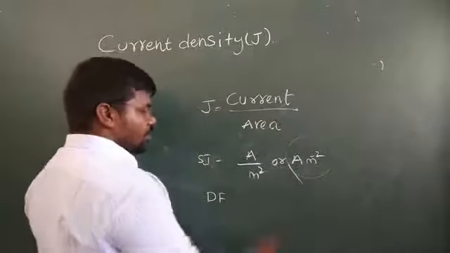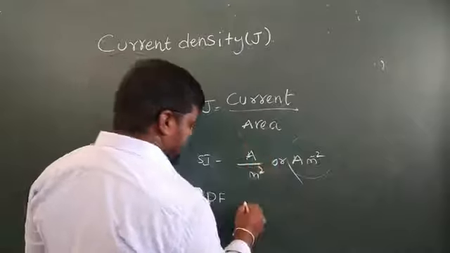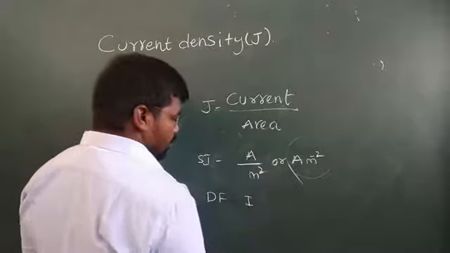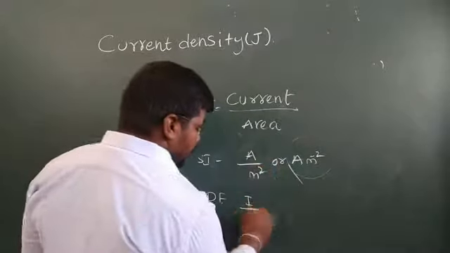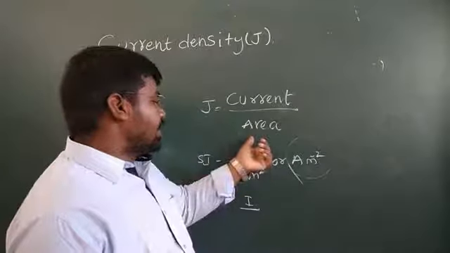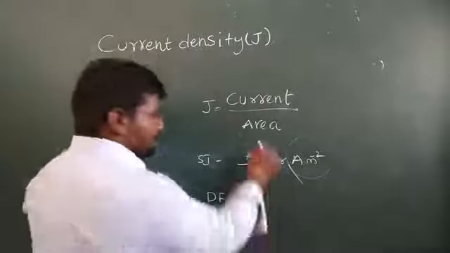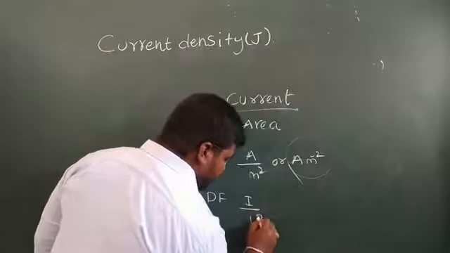So we know that the dimension formula of current density is current divided by area. The SI unit of area is meter square, and the dimension formula of area is L power 2.